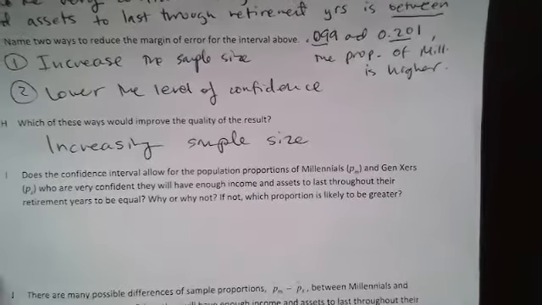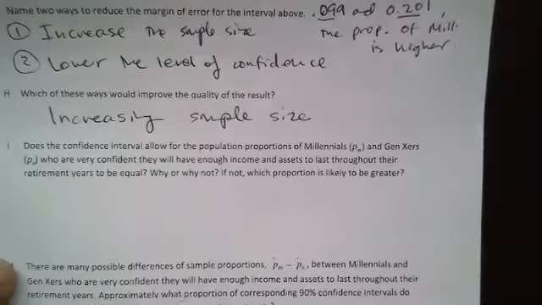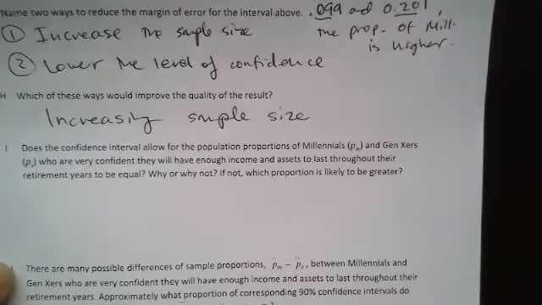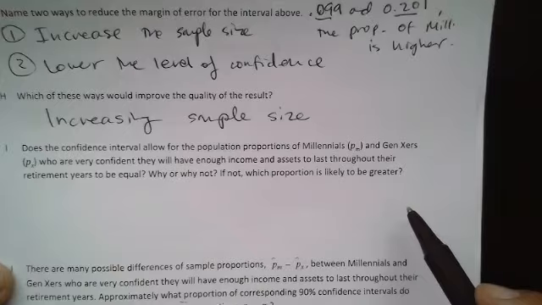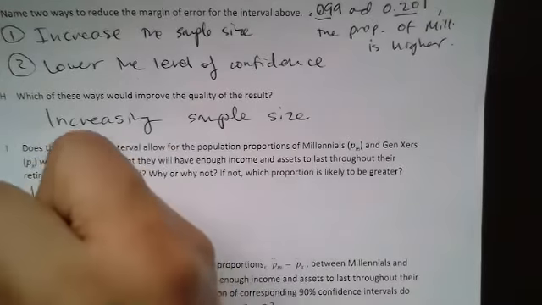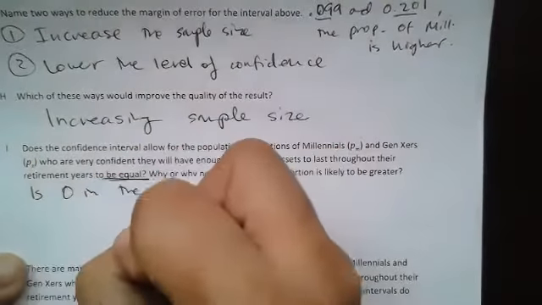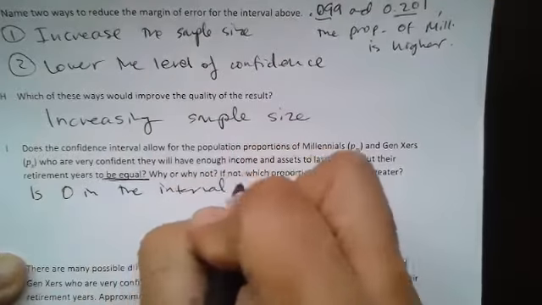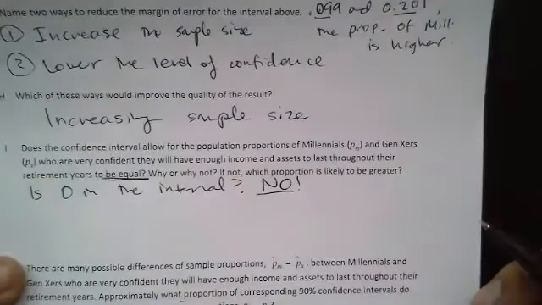And then I says, does the confidence interval allow for the population proportions of millennials and Gen Xers who are very confident to be equal? So basically, again, is 0 between the interval? So no? No, right? Because it's 0.099 compared to 0.201.